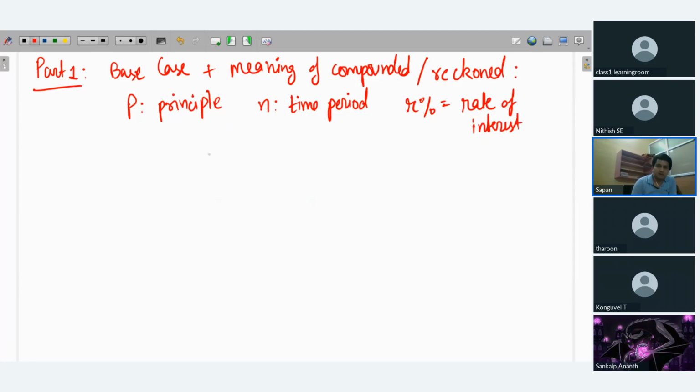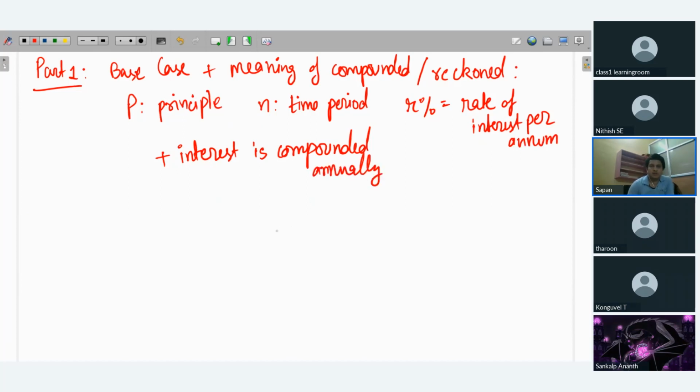And the fourth information is that interest is compounded annually, let's say, rate of interest per annum compounded annually. So it looks like this picture, vertical stands.